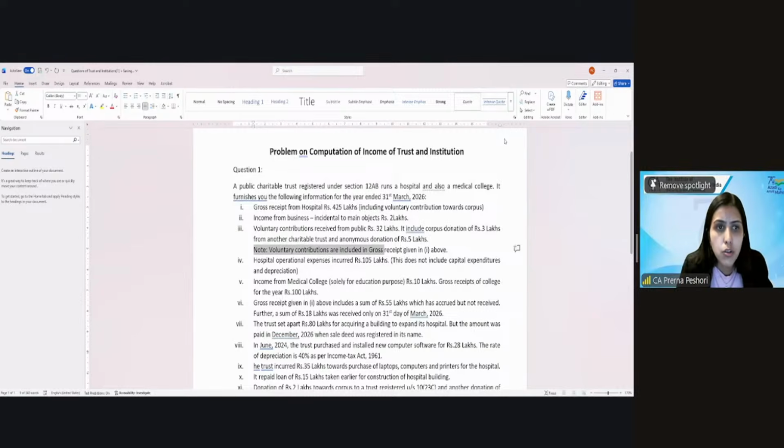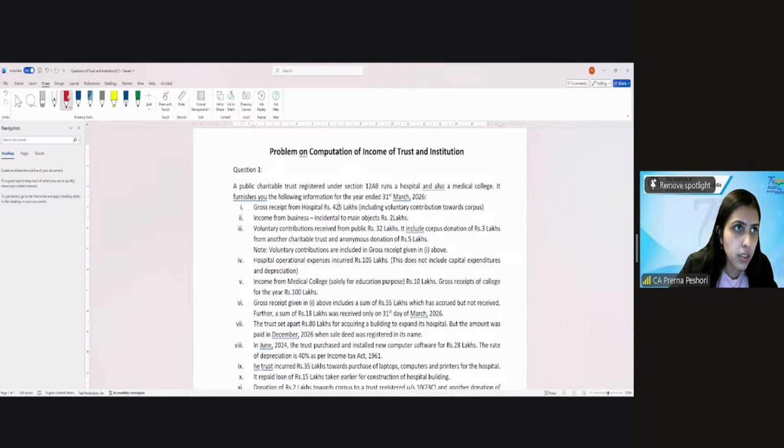Correct. So first of all, I'm just considering the gross receipts. From 425, let me exclude the entire 32 lakhs. So this will come to 393 lakhs. Right?